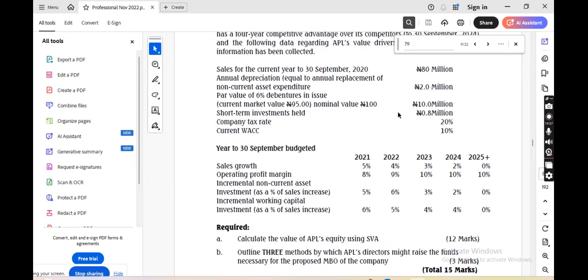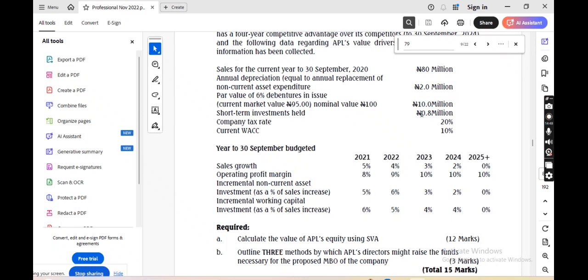Can someone tell me how we determine the market value of debt here?